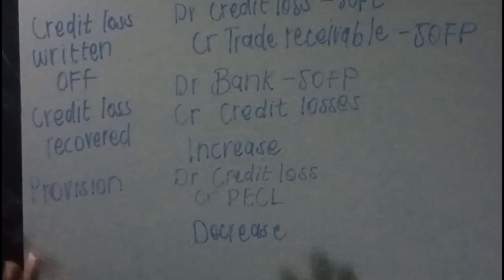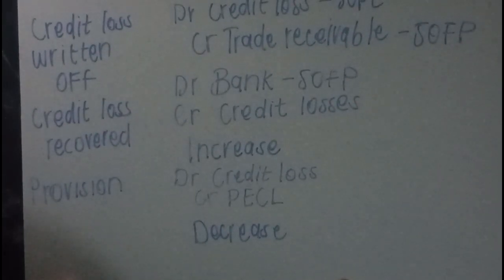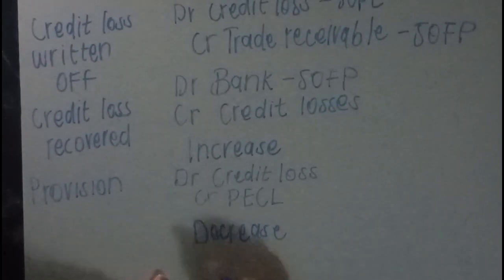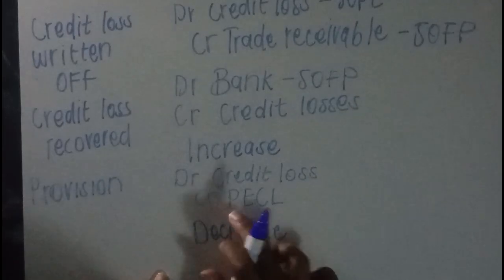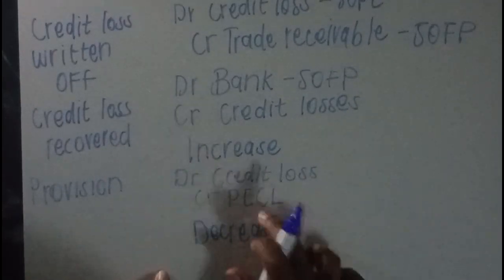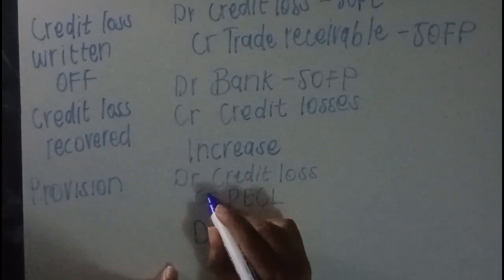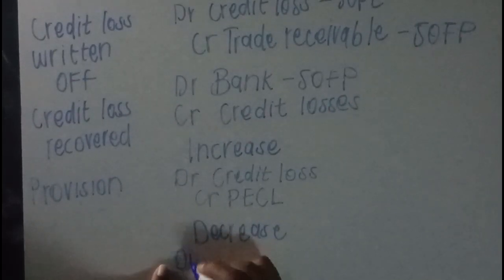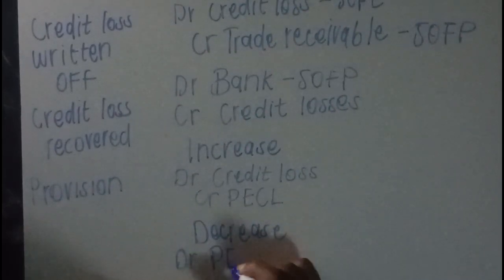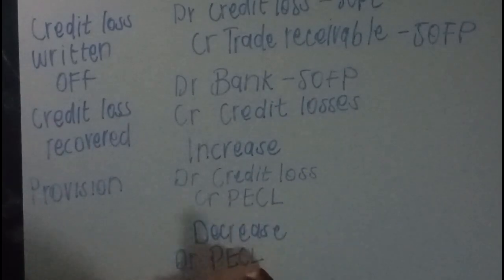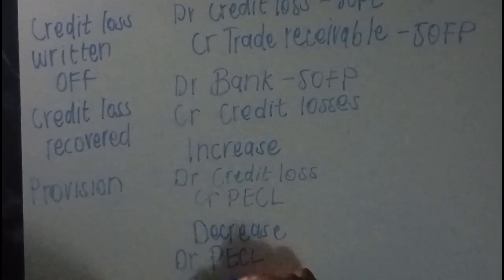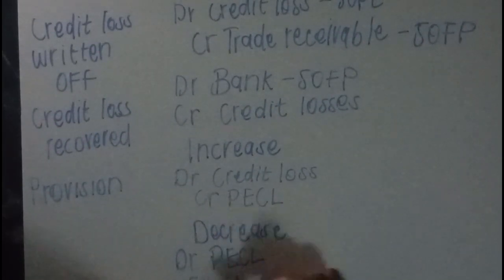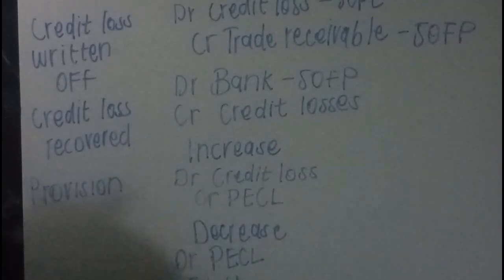I wrote it in short because, wait, the mark. You write provision for expected credit loss. And then if there is a decrease, you're going to debit provision for expected credit loss and credit credit loss. I know.